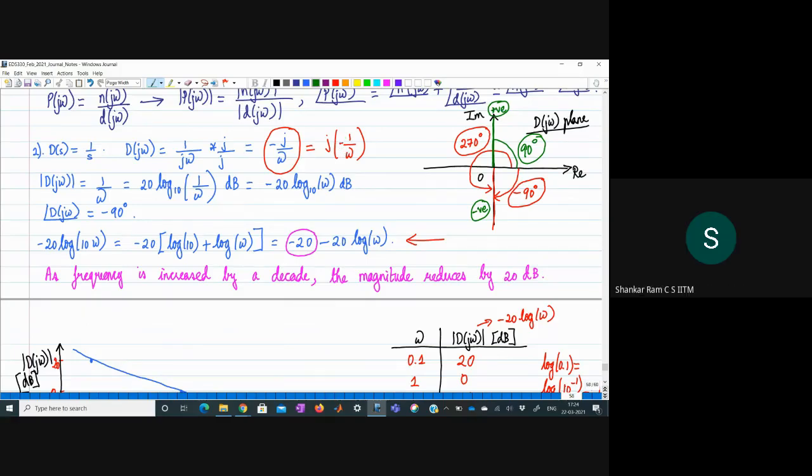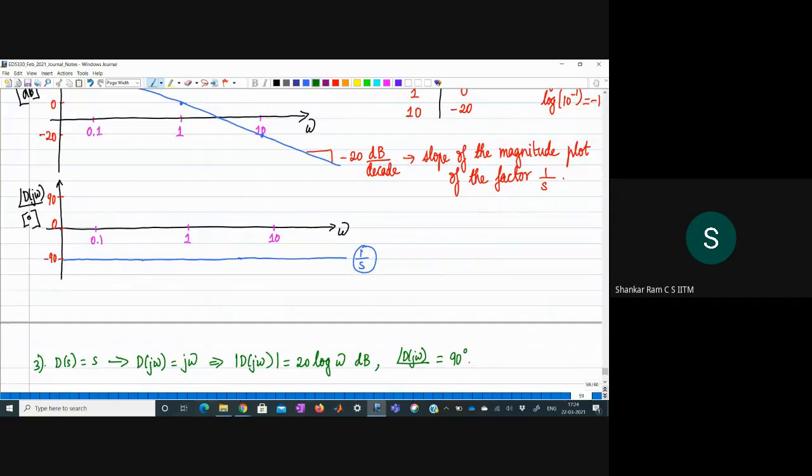So in our case, what we just saw, it is plus j omega, so it becomes positive, on the positive imaginary axis. Yes, Professor, understood. So the phase becomes 90 degrees.